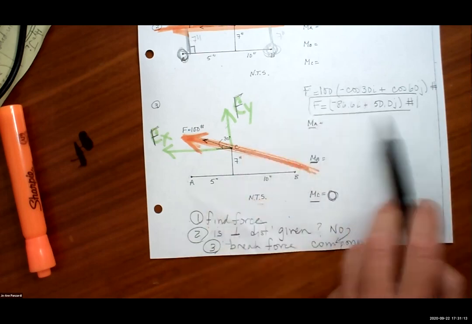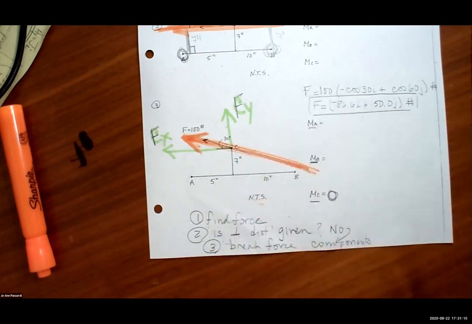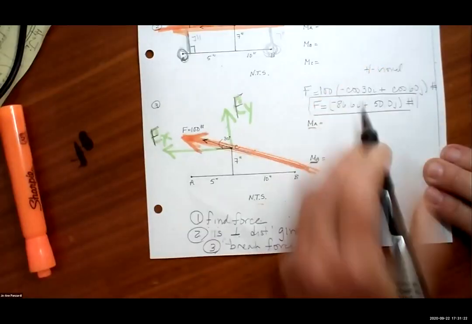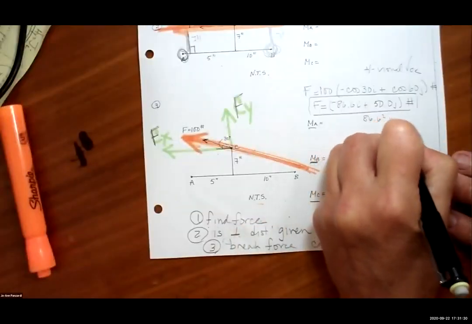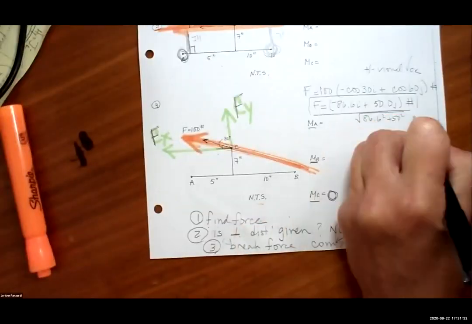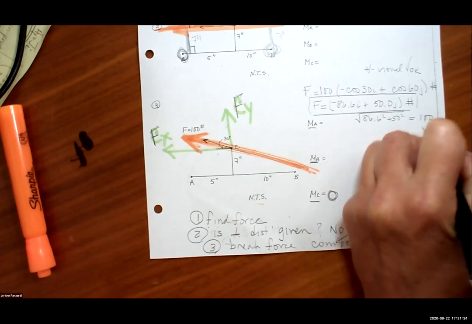When I find components, what do I do once I find components? Checks. So plus or minus visual check. I got a negative for X. Yep. I got a positive for Y. Yep. And then what's the other check? 86.6 squared plus 50 squared under the radical, and it does come out to be 100, and it's okay.